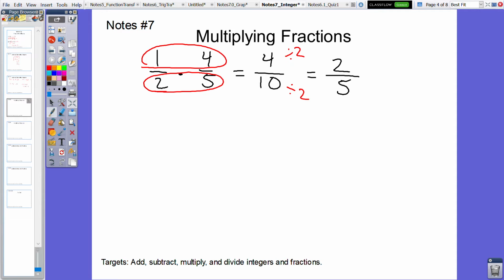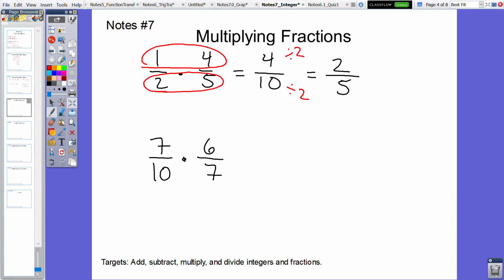Okay? Let's see if we have an even more complicated example. Let's say we have 7/10 times 6/7, something like this. Okay, so two fractions, not improper, real good here.